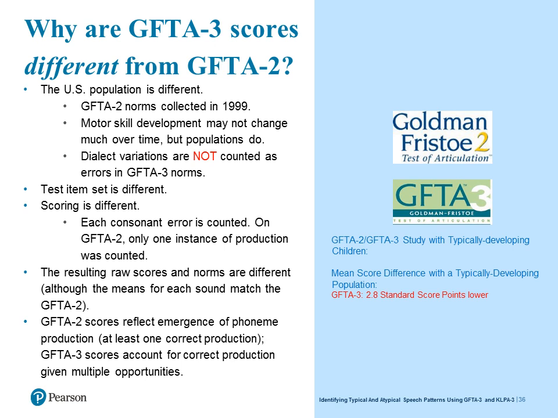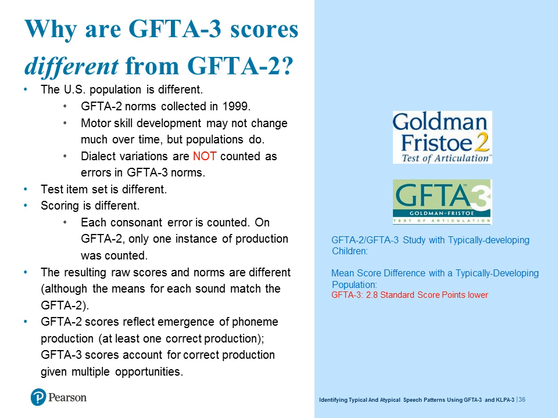What we are saying is that the populations have changed. They've become more diverse, and so there are more differences in how consonants are produced. That, again, is why we have dialectal variations as considerations. If you know that the individual you are testing speaks a dialectal variation of Standard American English, don't count those as errors.